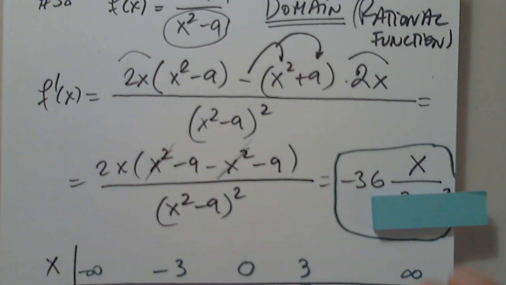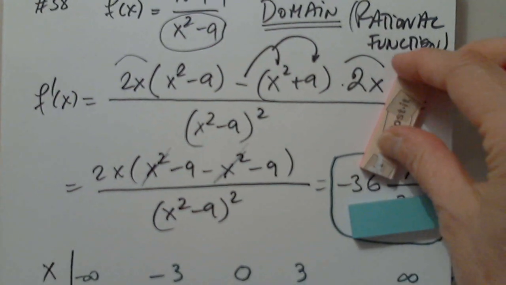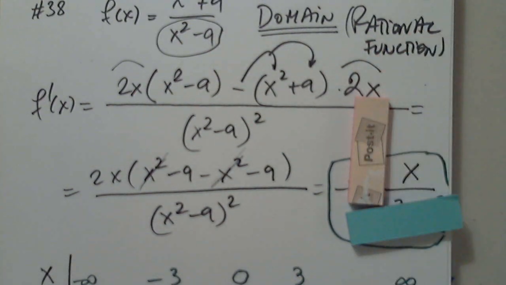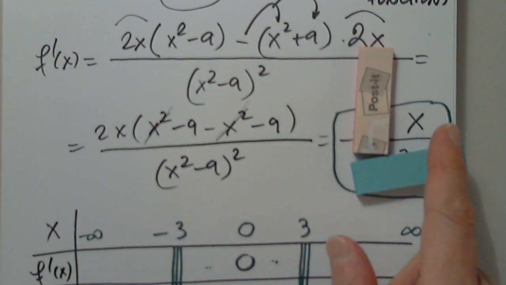Oh, positive. Correct. So why would I waste my time? I would not have to calculate or include 36. Who cares about 36? So the only piece that I'm studying the sign for is -x.